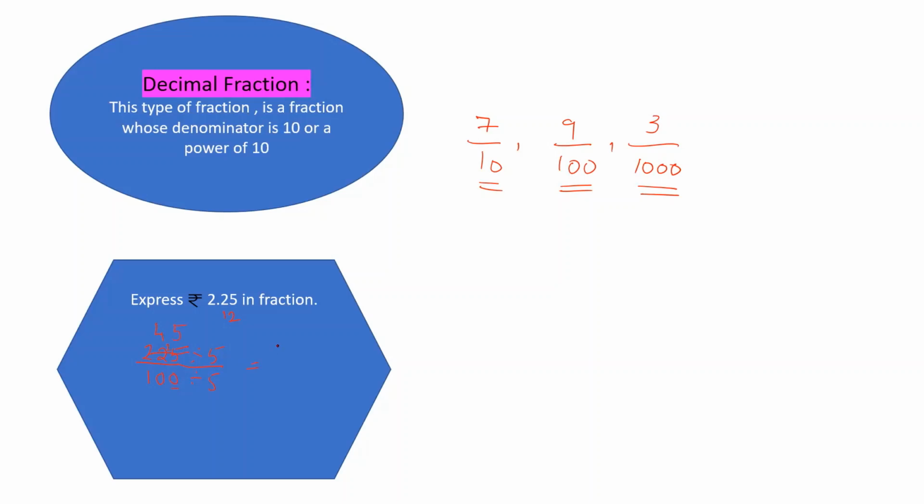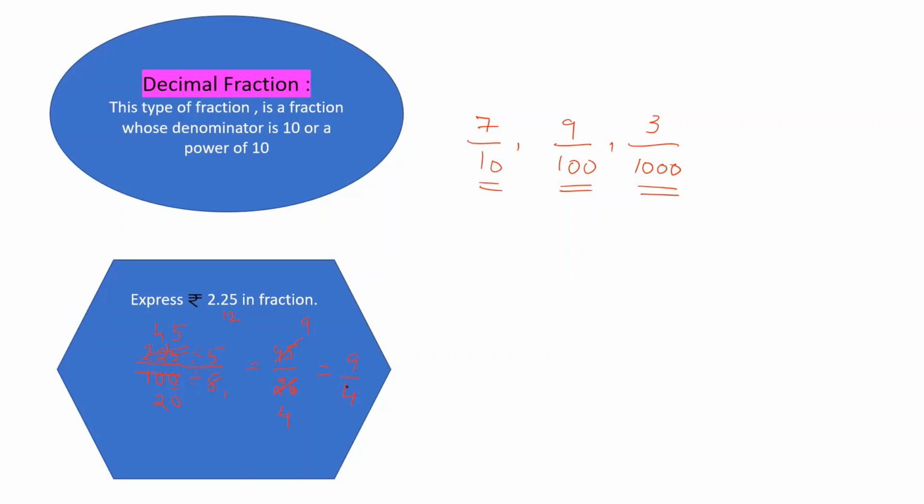In the numerator we got 45. In the denominator, 5 2's 10, 20. So 45 by 20. Again, 45 and 20 we can divide by 5. 5 9's 45, 5 4's 20. 9 by 4. This is the simplest form.